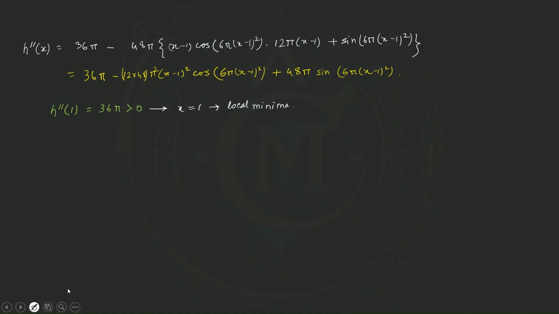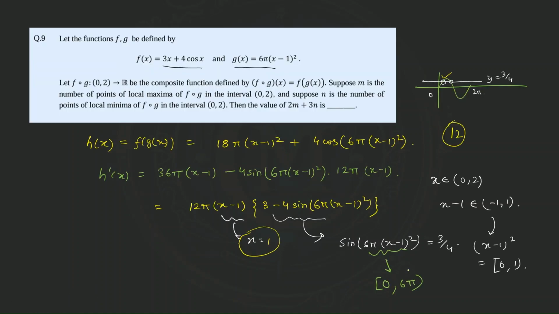Then if we check for other points here, let us denote these points by x equal to alpha. Alpha may be variable, but let us denote all these points by a single variable alpha.